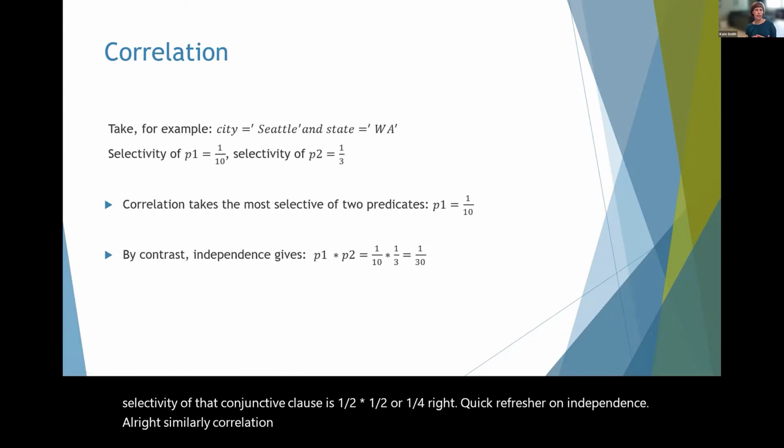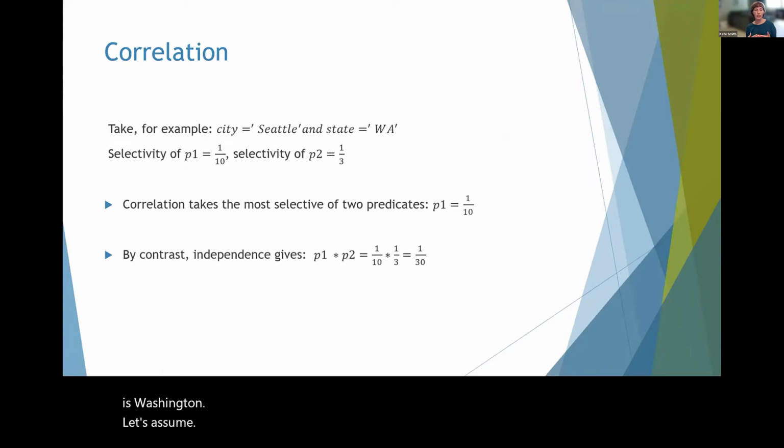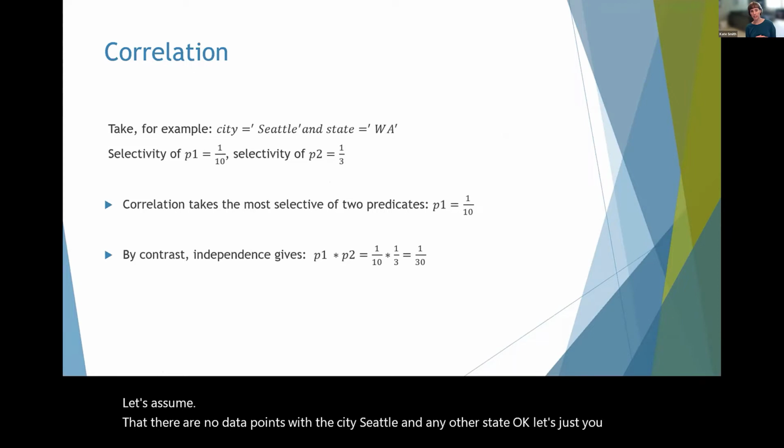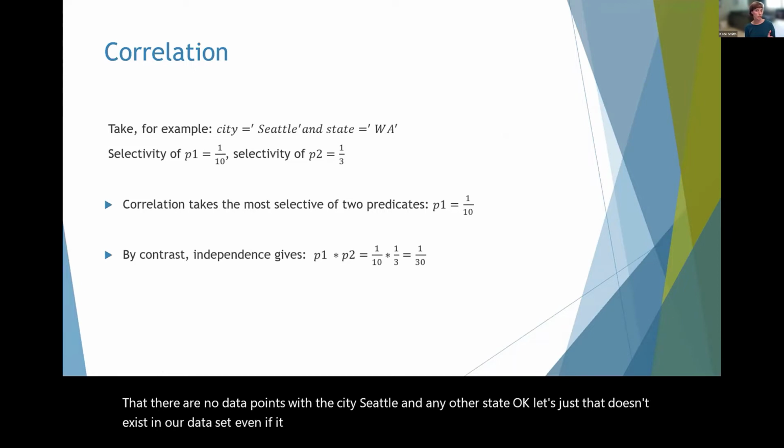All right, similarly, correlation. Take, for example, a data set that has the city of Seattle and the state is Washington. Now, let's assume that there are no data points with the city Seattle and any other state, okay? That doesn't exist in our data set. Even if it exists in the real world, it's not in our data set. So the selectivity of P1 is 1/10. The selectivity of P2 is 1/3.